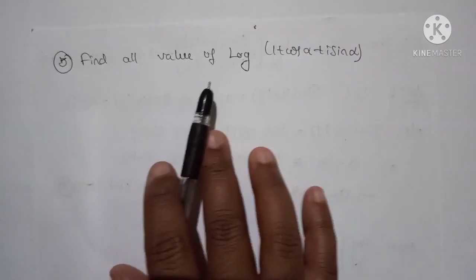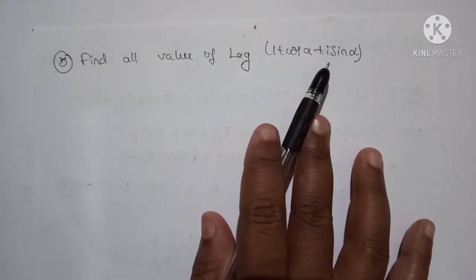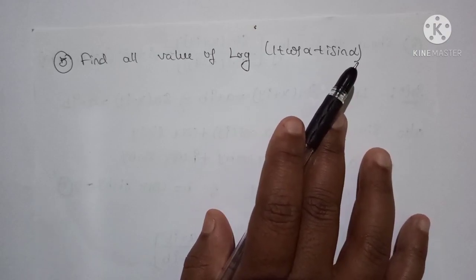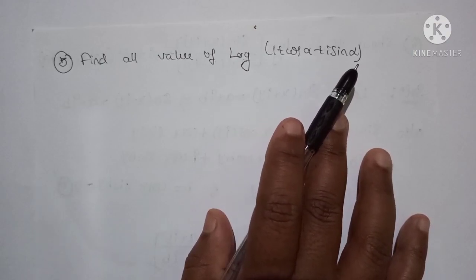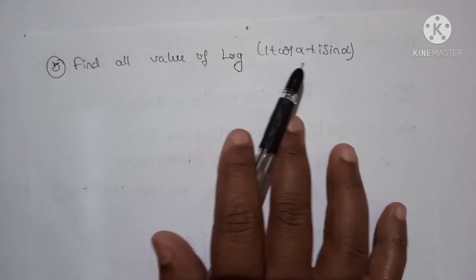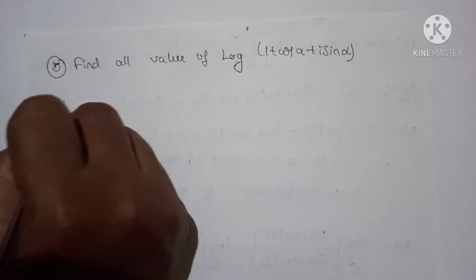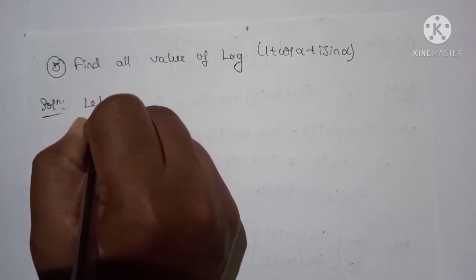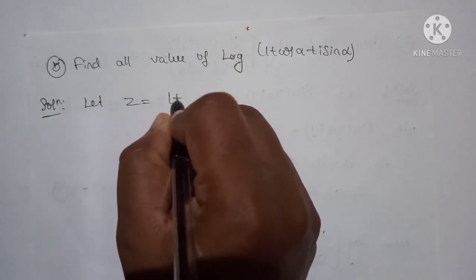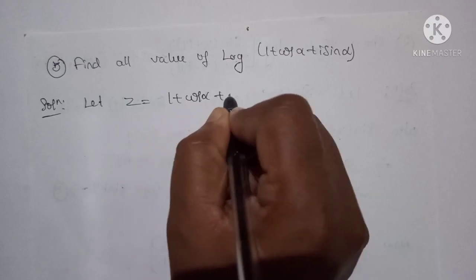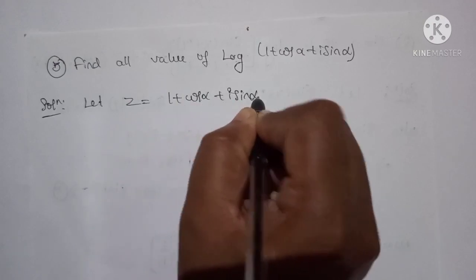Next problem, find all values of log of 1 plus cos alpha plus i sin alpha. Here we should find the general value of the log of this given complex number. Let us consider z equal to 1 plus cos alpha plus i sin alpha.